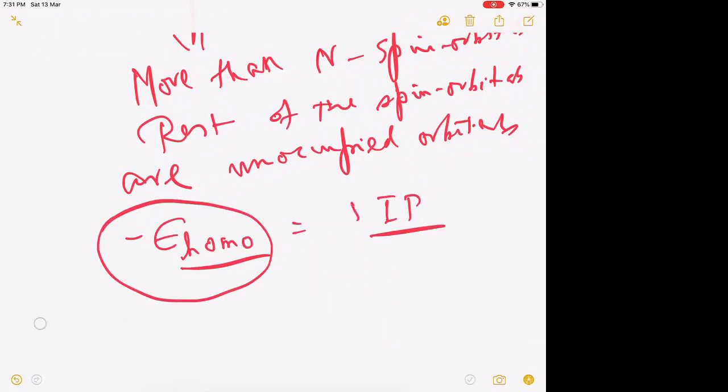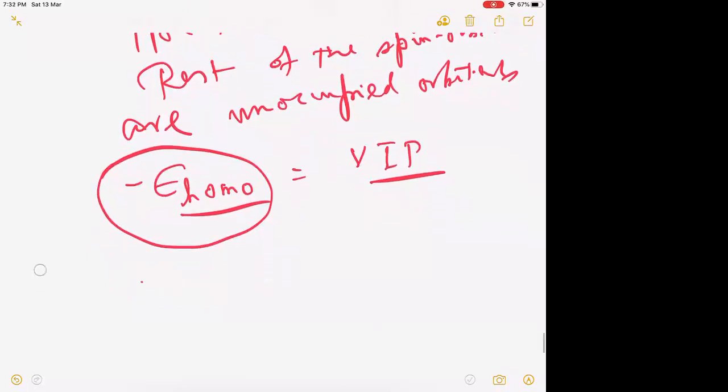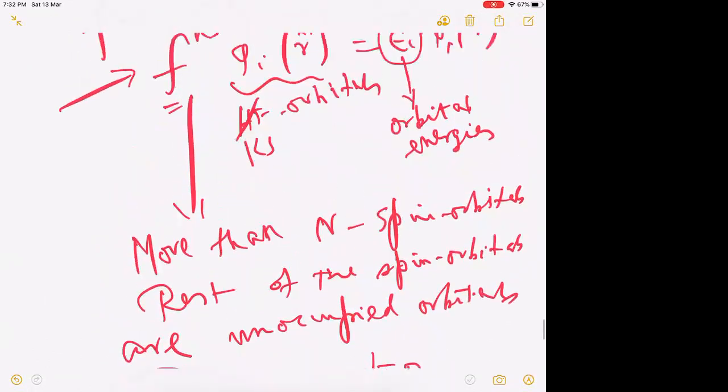Very often it is called the vertical ionization potential, because we are doing everything under Born-Oppenheimer approximation. So it's like the nuclei remain in position. And similarly, if you want to add an electron to the system, if you add it to the LUMO, this will be called vertical electron affinity. So many of you know the IP and the EA. They have a very simple interpretation once I get the orbital energies.